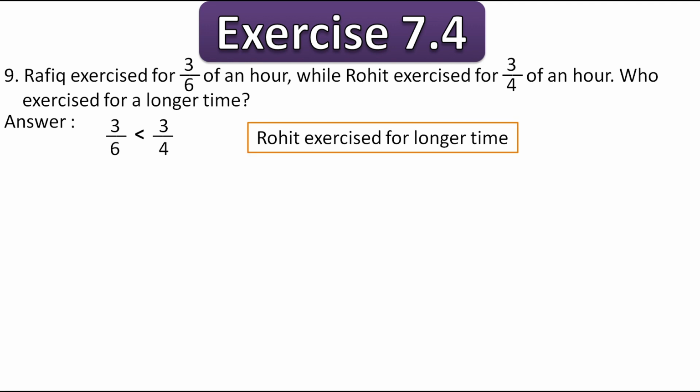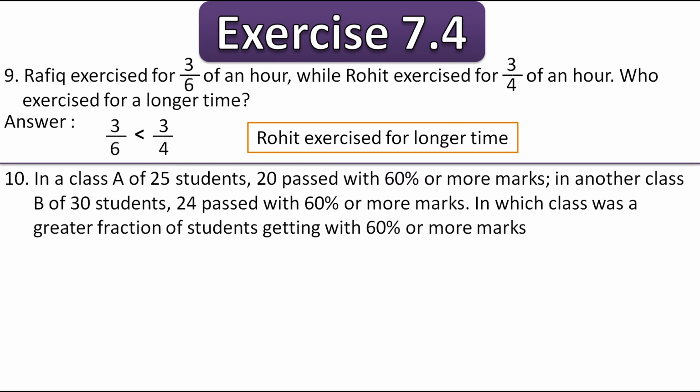Okay, now the 10th question is, in a class A of 25 students, 20 passed with 60% or more marks. In another class B of 30 students, 24 passed with 60% or more marks. In which class was a greater fraction of students getting 60% or more marks?